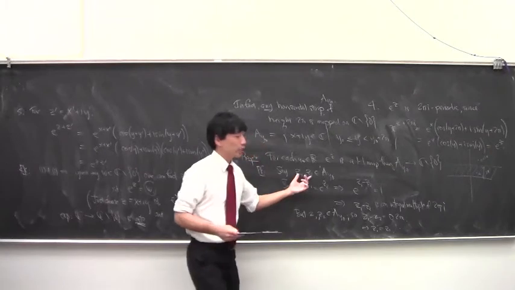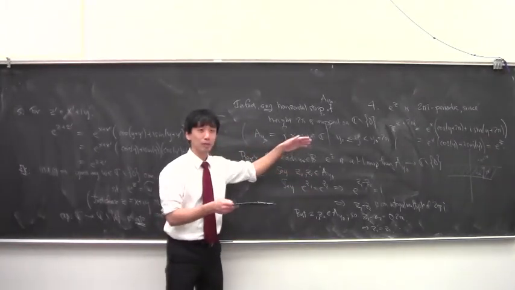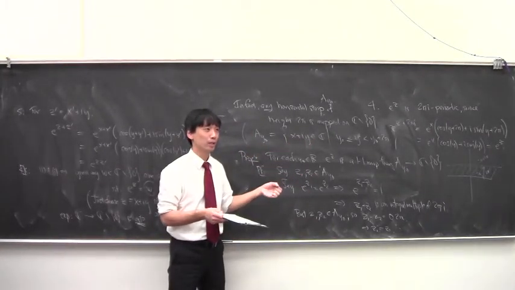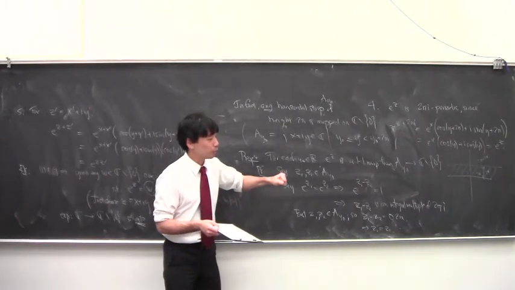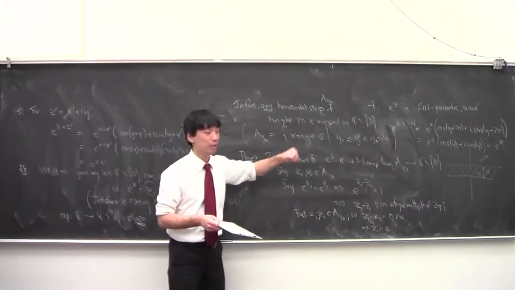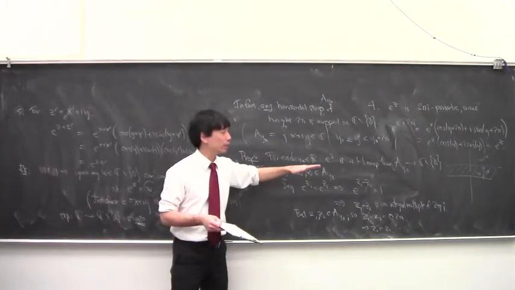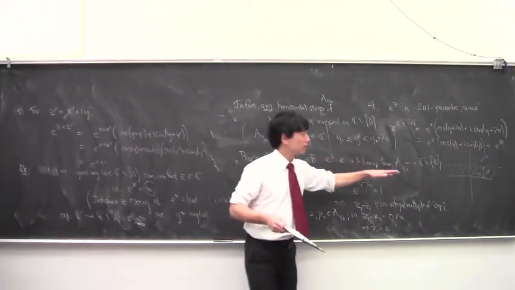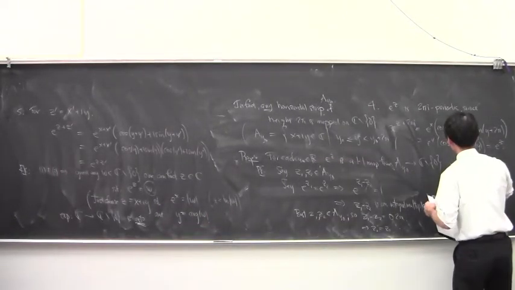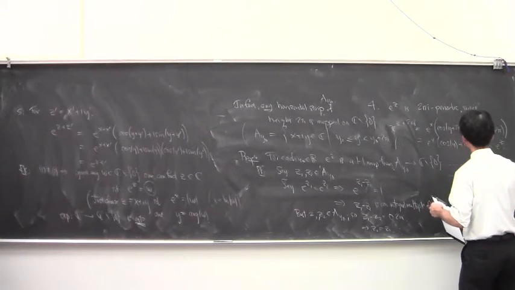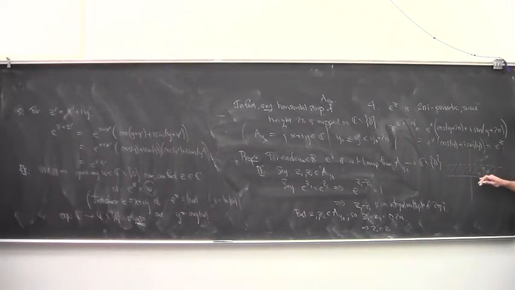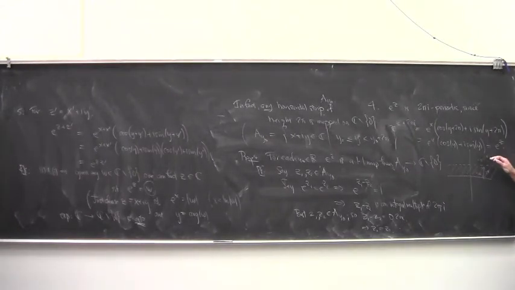And so any 2 points in that strip that get mapped to the same point must be the same point. Okay, so each point gets mapped to a unique point in the plane, and the exponential function maps any half-open strip of height 2 pi onto the complex plane minus the origin.